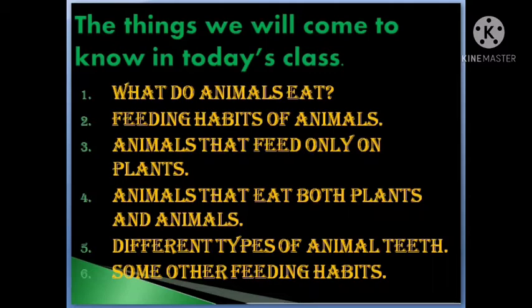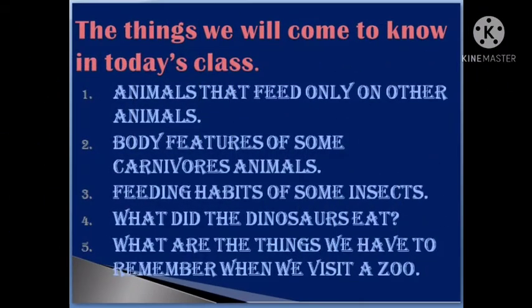Some other feeding habits. Animals that feed only on other animals. Body features of some carnivorous animals. Feeding habits of some insects. What did the dinosaurs eat? And what are the things we have to remember when we visit a zoo?